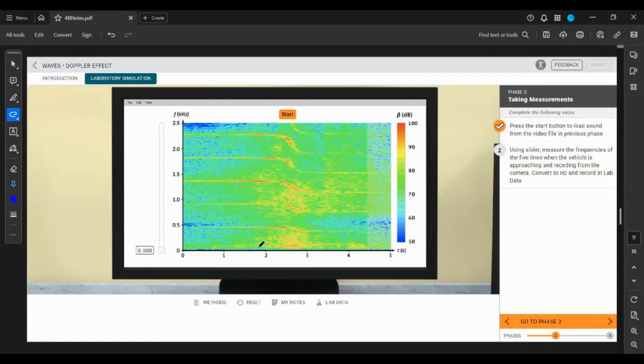The absolute lowest one really isn't well enough defined for us to be able to see. Then you can see some higher ones that aren't showing up very well. So we're not going to be able to measure every different version of this sound, these different fundamental frequencies or harmonics of these frequencies, but we can get a few of them.